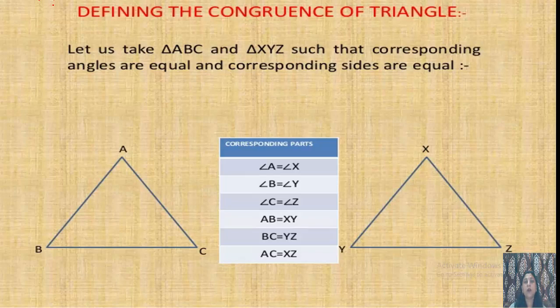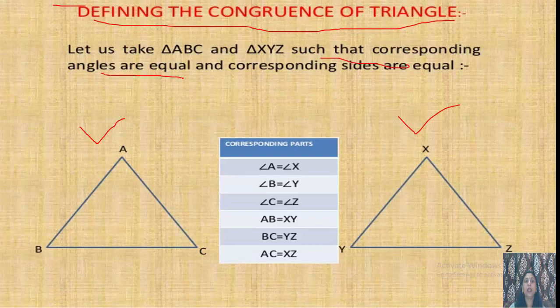Now defining the congruency of triangle. So what is the congruency of triangle? Suppose there are two triangles ABC and XYZ such that the corresponding angles are equal and corresponding sides are equal.